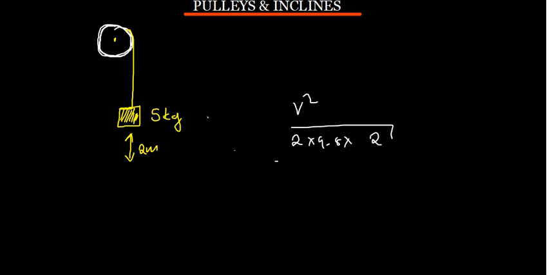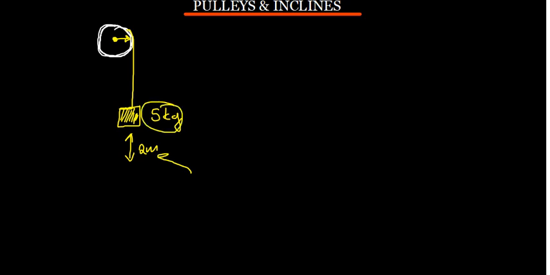Now in a case where the pulley itself is also rotating, with a certain radius, I want to find the velocity with which this mass is going to hit the ground.